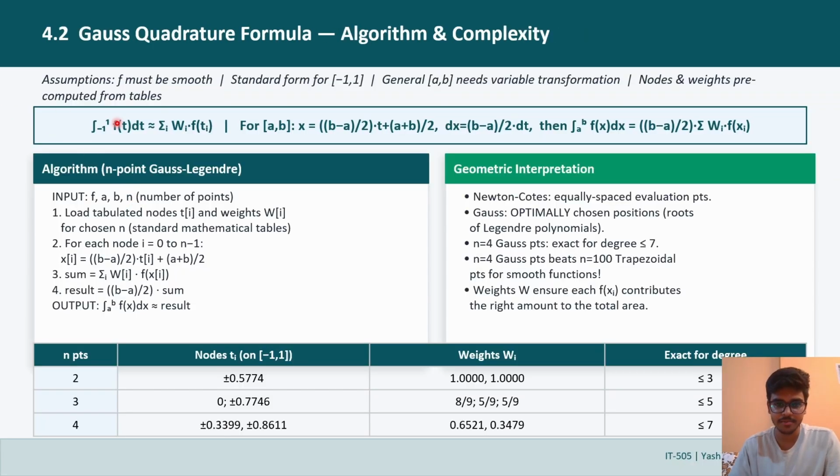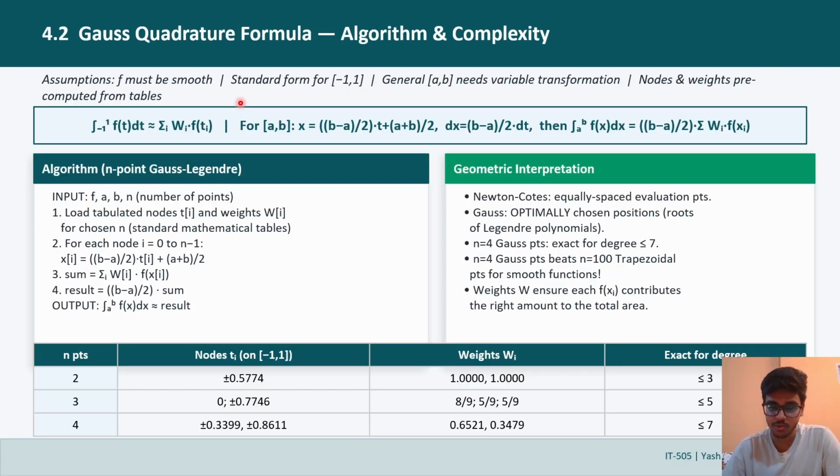Gauss quadrature formula. Assumptions: f must be smooth on the interval. The standard form works on minus 1 to 1. For a general interval from a to b, we use the variable transformation x equals b minus a over 2 times t plus a plus b over 2.